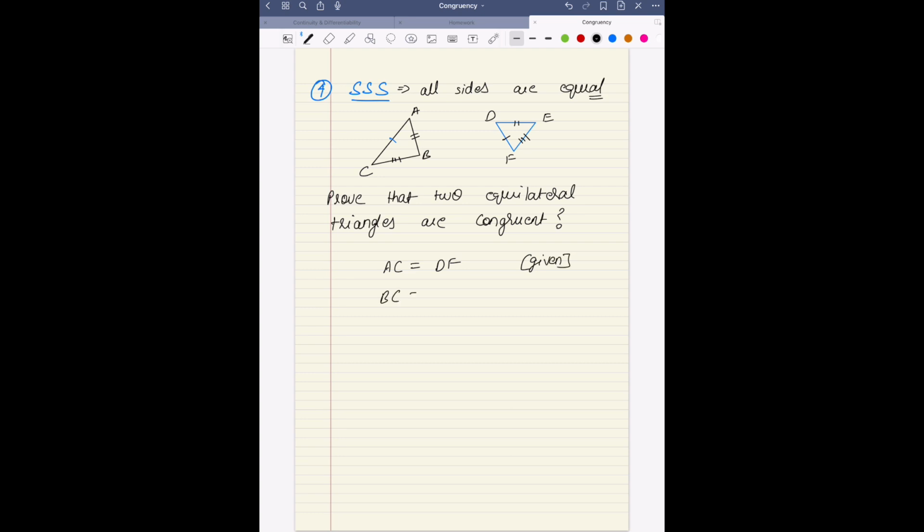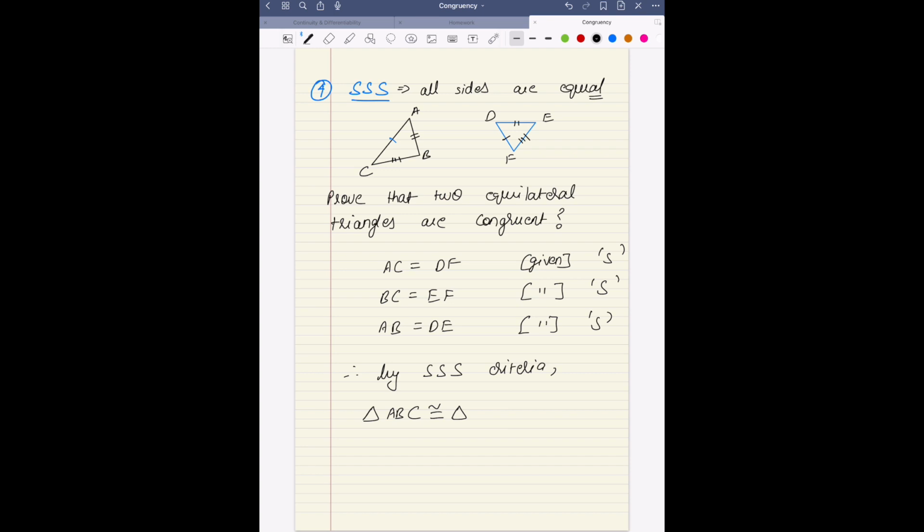Then BC is equal to EF, again given. And the last side AB is equal to DE, given. What will you write? Hence, by SSS criteria, triangle ABC is congruent to triangle DEF.